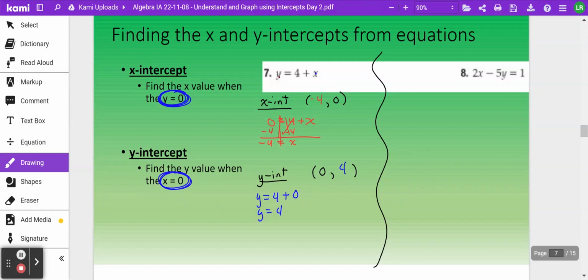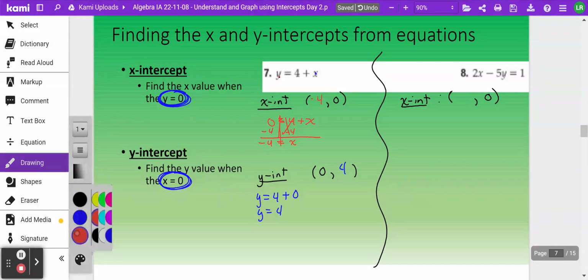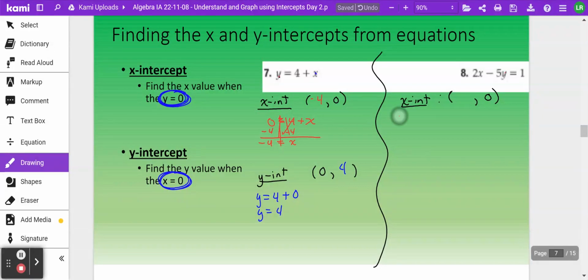So let's do the same thing again with number 8. Remember my x-intercept? The y is 0. So I'm going to plug in. 0 goes in for that y, so I would have 2x minus 5 times 0 equals 1.